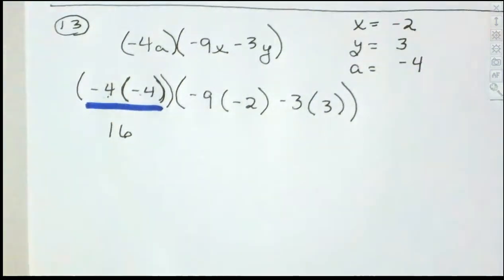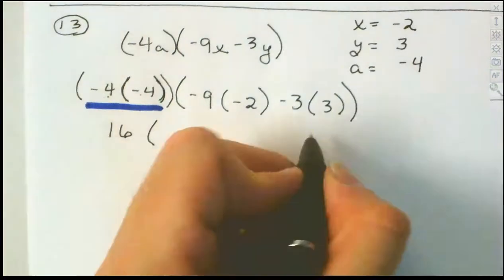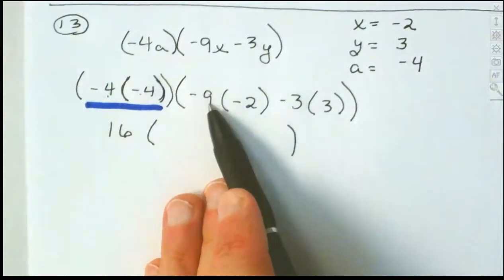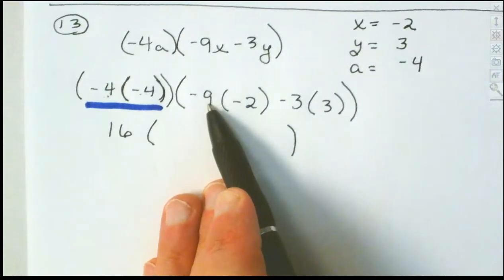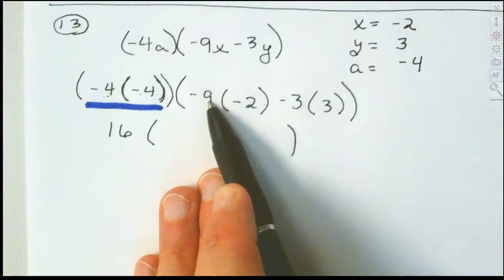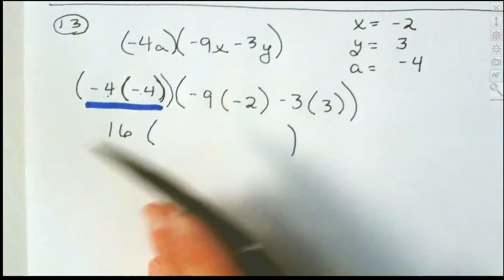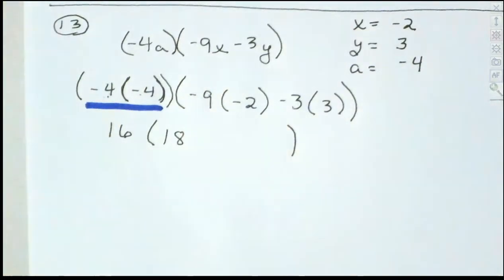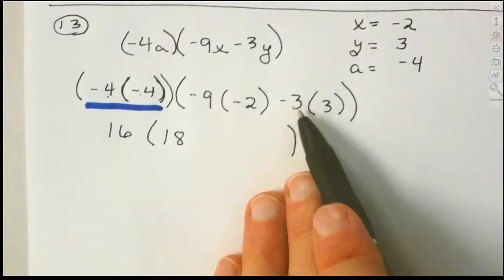So that set of parentheses is gone. Now we'll do the inside here. We've got a -9 times a -2. Negative and negative makes it positive. So that's a +18. And then we've got -3.